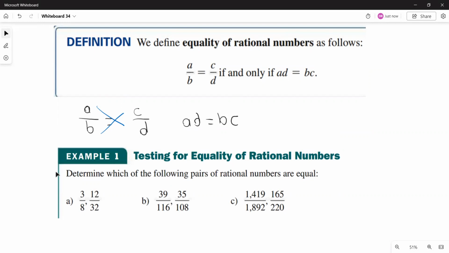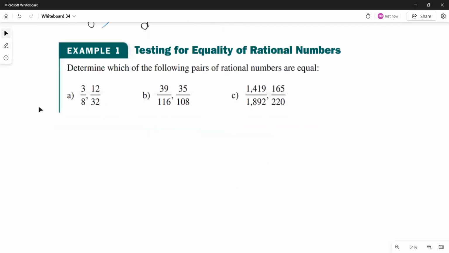Part A: 3 over 8 and 12 over 32. Chances are that you know how to reduce fractions, but let's suppose that you have never done that. So let's cross multiply: 3 times 32, compared to 12 times 8. 3 times 32 is 96, and 8 times 12 is also 96. So they are indeed equal.